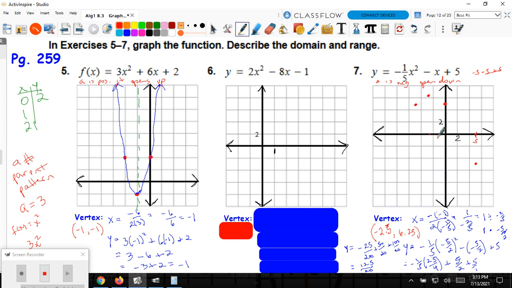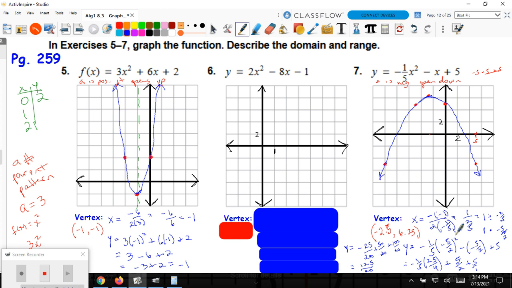So we got 2, 4, 6, 8, 10. We come down, it's going to be right about in here. So that's what we got on that one. Going to come up from here, come around to the vertex, that's our highest point then. And then keep going down. And put arrows on the ends. Don't forget to always put the arrows on the ends.